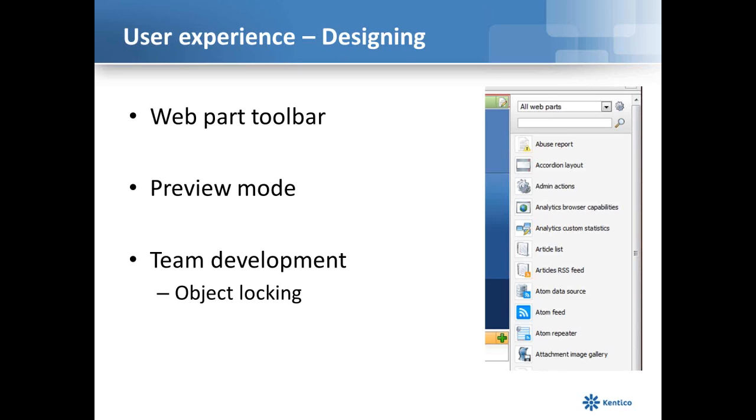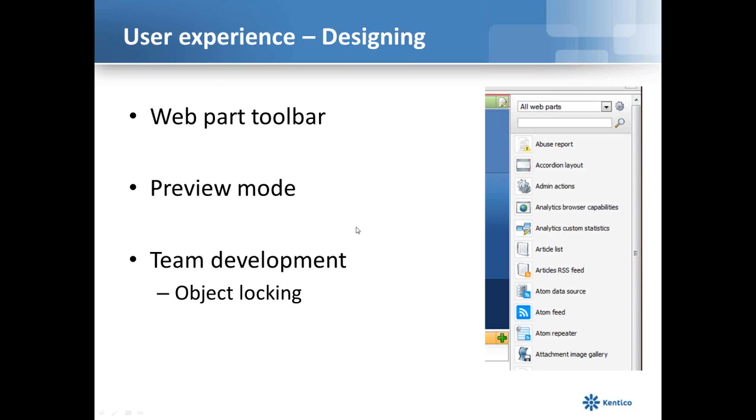These include a website toolbar, which works in a similar way as the toolbox of controls in Visual Studio. This includes preview mode, as you'll see in a few moments, and this also includes a team development feature that basically consists of object locking and also the ability to put all your objects into the file system and serve them from the file system, which helps you to include your objects into a source control system.